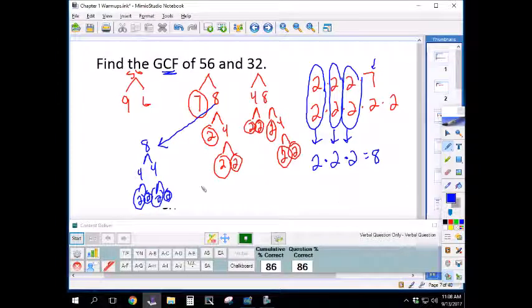You would have had this for 56, and this is wrong, but this is what you would have had, which would have made you have 4 2's in common. 2 times 2 times 2 times 2 is 16. So just remember, it's not addition, it's multiplication. We're still making that mistake. Now, for the person that got 2, I'm thinking you forgot to look for other common factors. You found the one common factor, but you didn't find the other ones. Does that make sense? Okay.